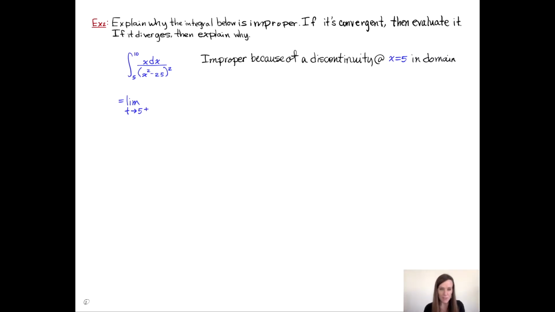So we put our plus sign, and then we replace the improper bound with t. So this becomes the integral from t to 10 of x dx over x squared minus 25 quantity squared.